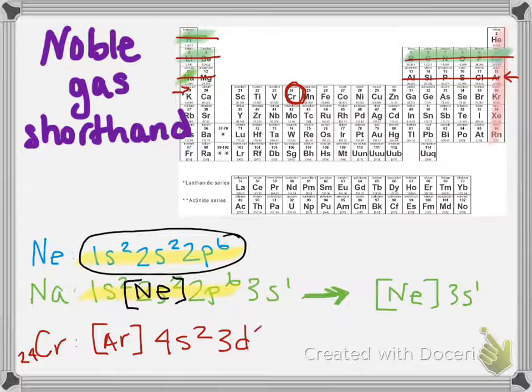So if I've gone all the way to 3p6, then I just start with 4s2 because this is the fourth energy level. 4s2, and then, since this is the third energy level for the d sublevel, it is 3d1, 3d2, 3d3, and 3d4. So that's my noble gas shorthand for chromium.